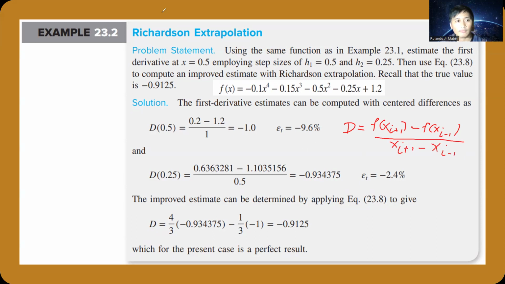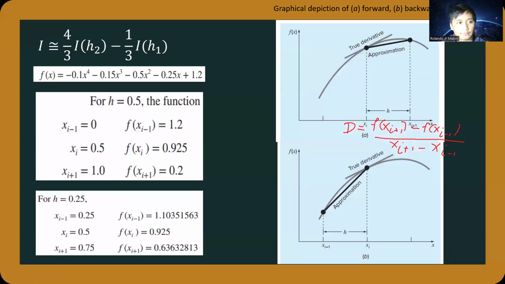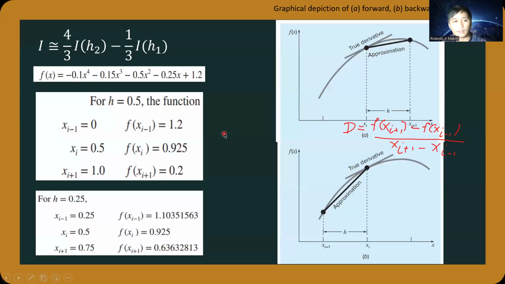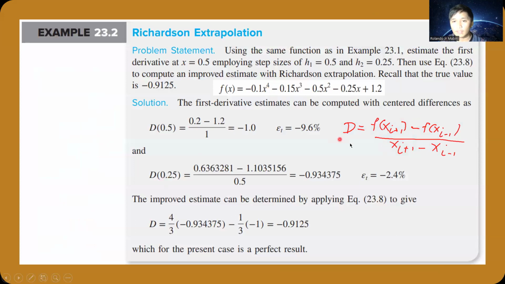And we have the values here. For f of x sub i minus 1, we have 1.2, and for x sub i plus 1, we have 0.2. So just substitute the values 0.2 and 1.2.